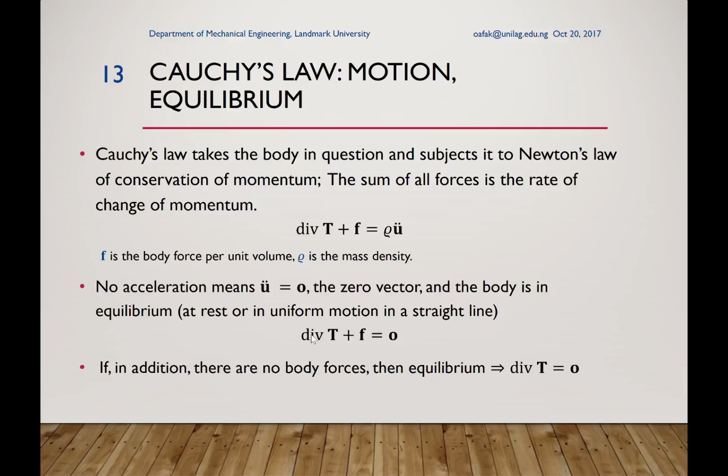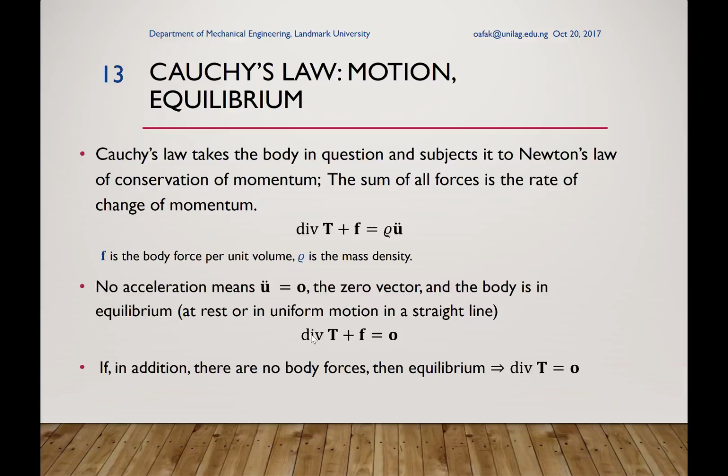If there is no acceleration, then u double dot is equal to 0, the zero vector, and the body is in equilibrium. So it is an equation of motion when u double dot is not 0, and it's an equation of equilibrium when u double dot is 0. If in addition the body force is not important, and we can equate it to 0, then the entire equation becomes the equilibrium equation, which simply states that the divergence of the stress tensor is 0.